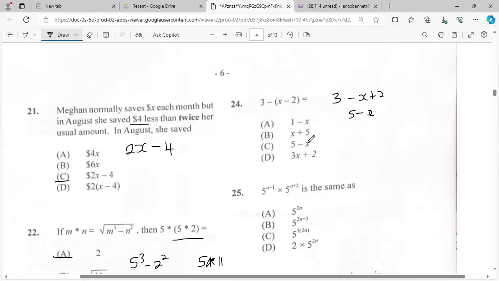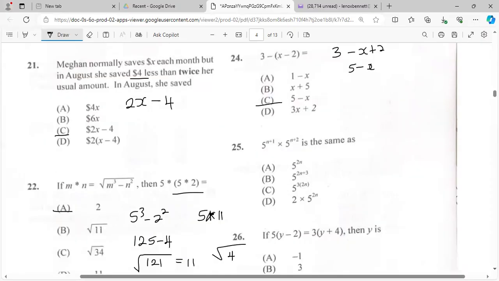Alright, 25 says if 5n plus 1 times 5n plus 2, so all we have to do is just add them, so it's going to be n plus n, 2n, and then positive 1 plus 2, which will give us 2n plus 3. So that's B.